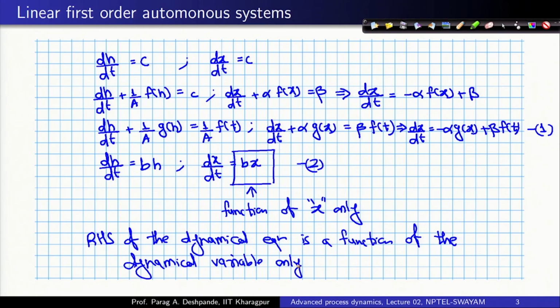And such systems are called autonomous systems.